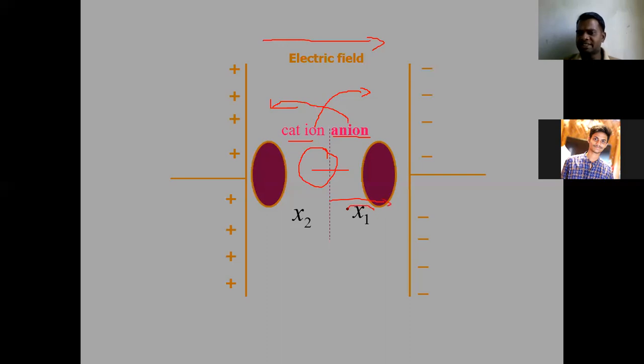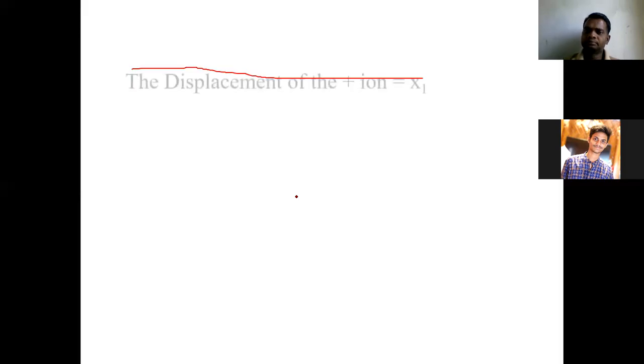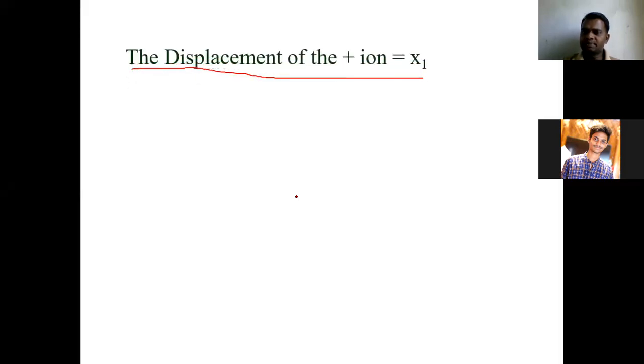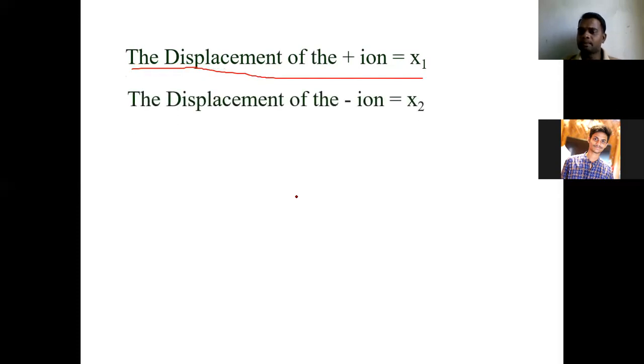This is the x1 distance of the positive ion. This is the negative ion, and this is the x2 displacement. The displacement of the positive ion is x1, and the displacement of the negative ion is x2.